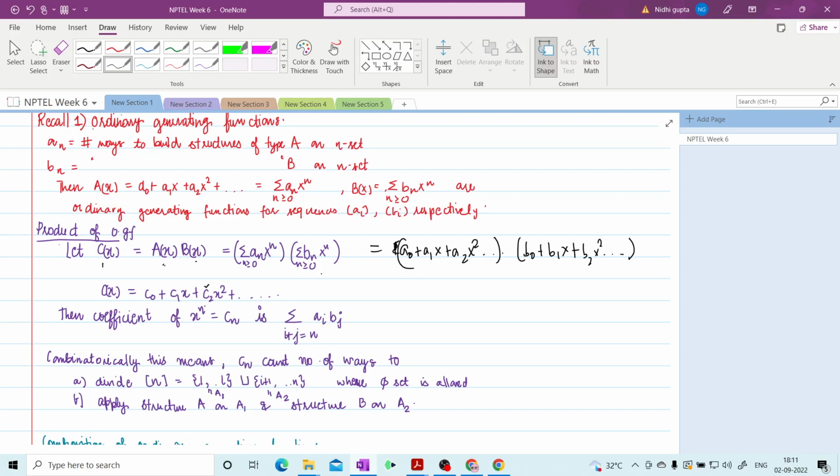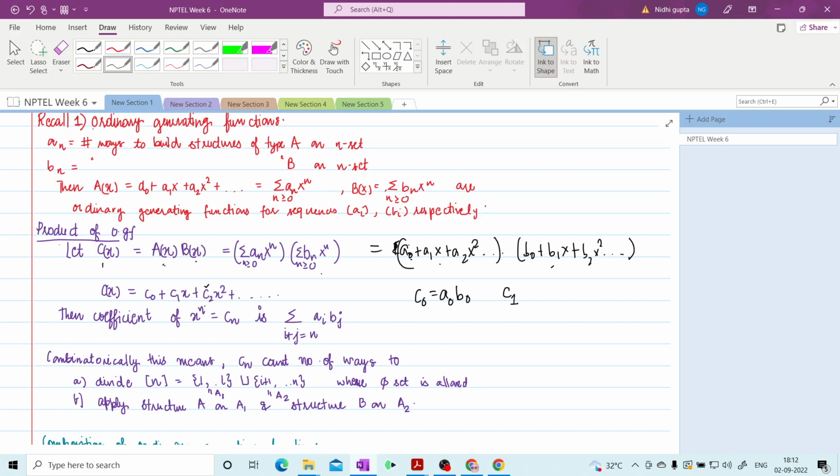Now what is the coefficient of x^0, the constant term? We obtain a constant term only by multiplying a0 with b0, so c0 is just a0 b0. Now what is c1, the coefficient of x in this product?